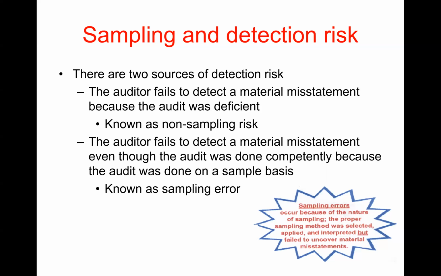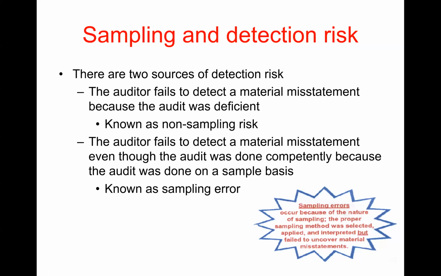Now, I should also mention that these non-sampling risks, quite confusingly perhaps, would include the auditor messing up in terms of sampling. So if, for example, the auditor didn't use the correct sampling method, if the auditor's sample was too small, or if the auditor interpreted the results incorrectly, that would be known as a non-sampling risk, even though it involved the auditor's sample.